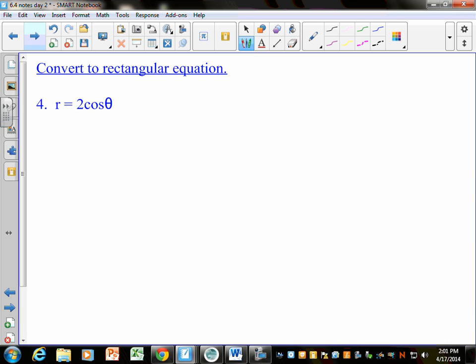But again, keeping in mind that we know x equals r cosine of theta, y equals r sine of theta, x squared plus y squared equals r squared. Those are just kind of in the back of your mind all the time. We can't do a direct substitution right now because it doesn't match any of this.